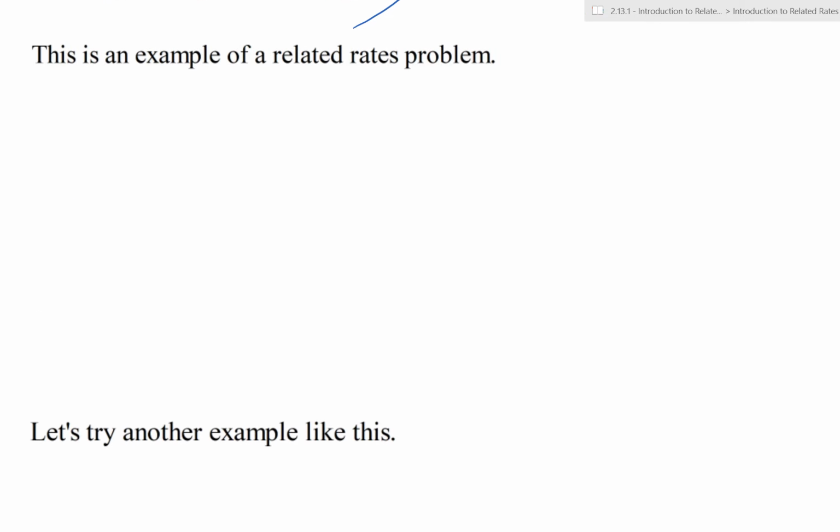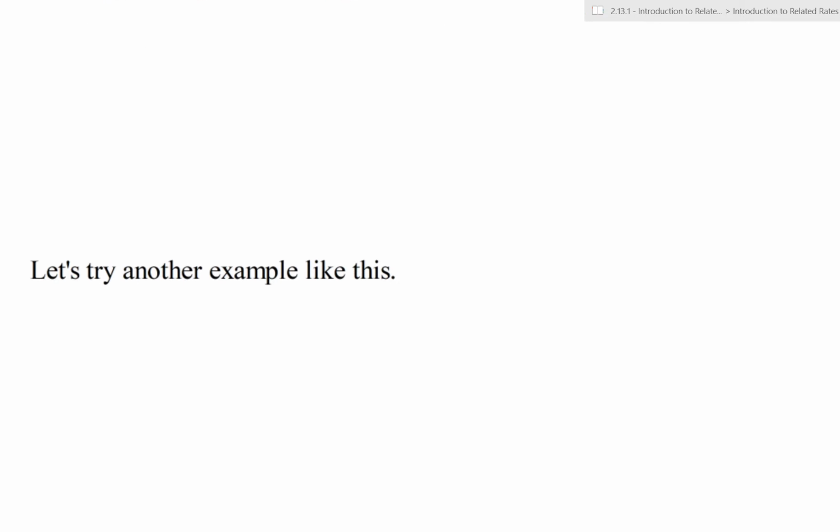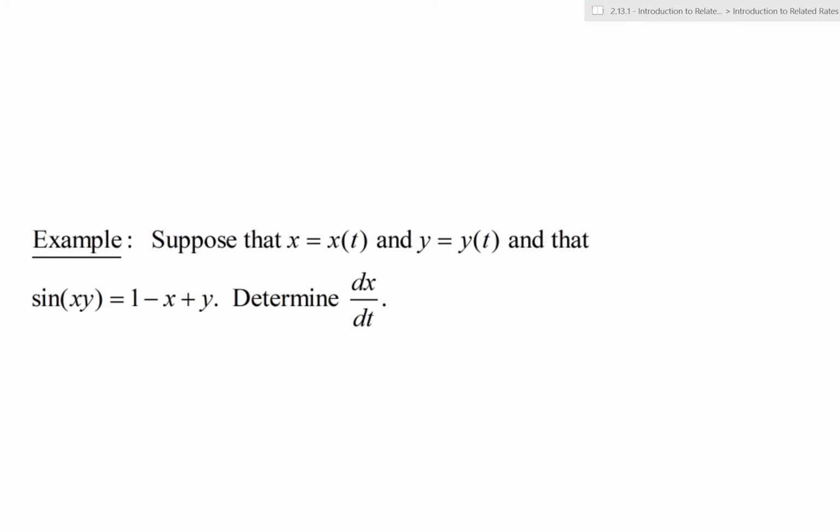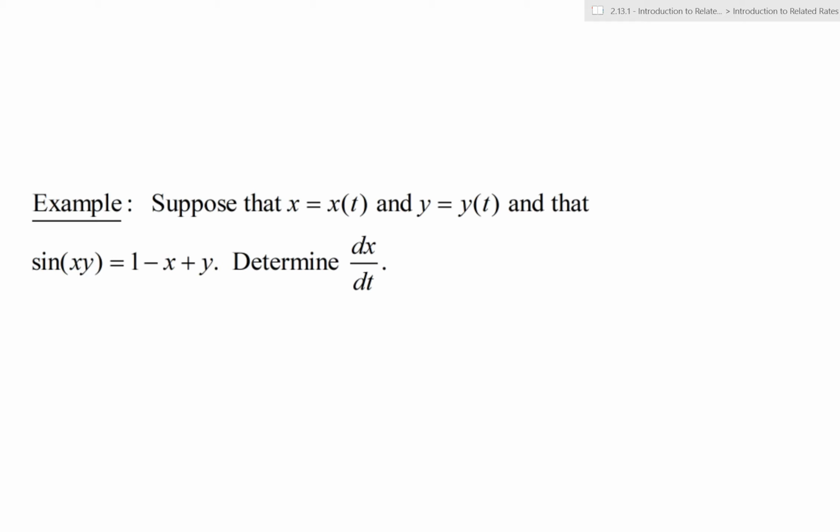Let's look at another one to get an idea again. Just make something up. Suppose that x and y are both functions of t, and the relationship between x and y is given by sine of x times y equals 1 minus x plus y. In this situation, we'd like to figure out what's going on with dx dt.